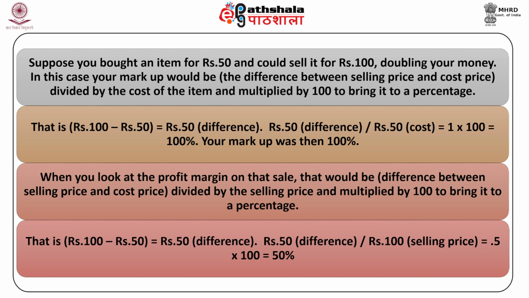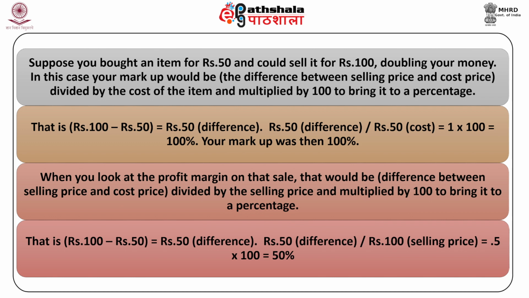When you look at the profit margin on that sale, that would be difference between selling price and cost price divided by the selling price and multiplied by 100 to bring it to a percentage.